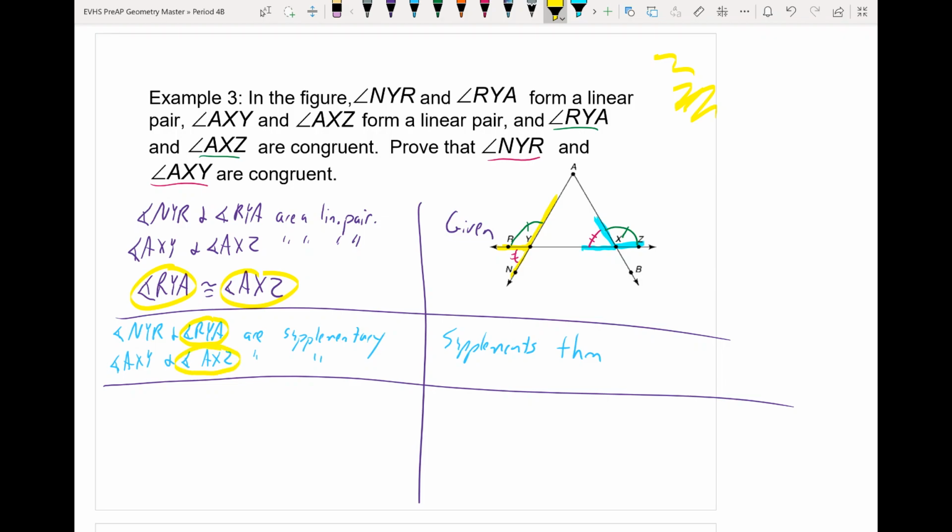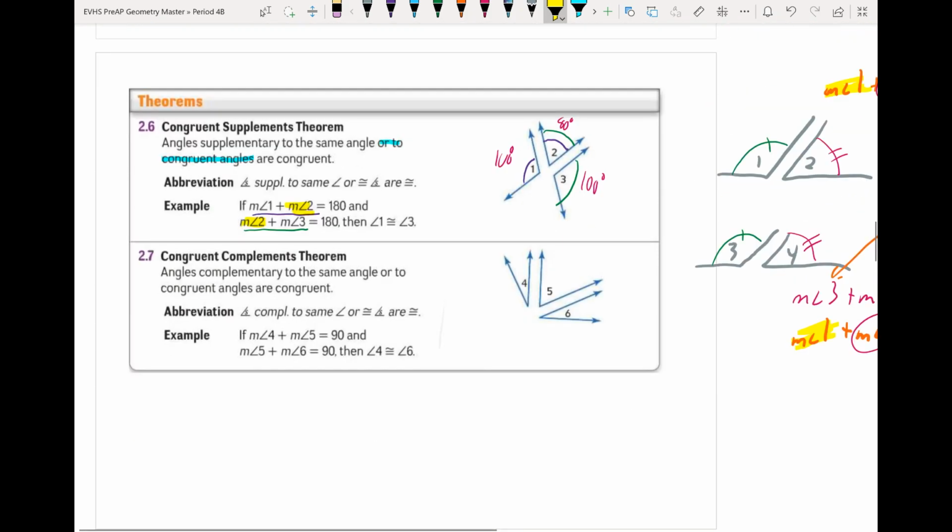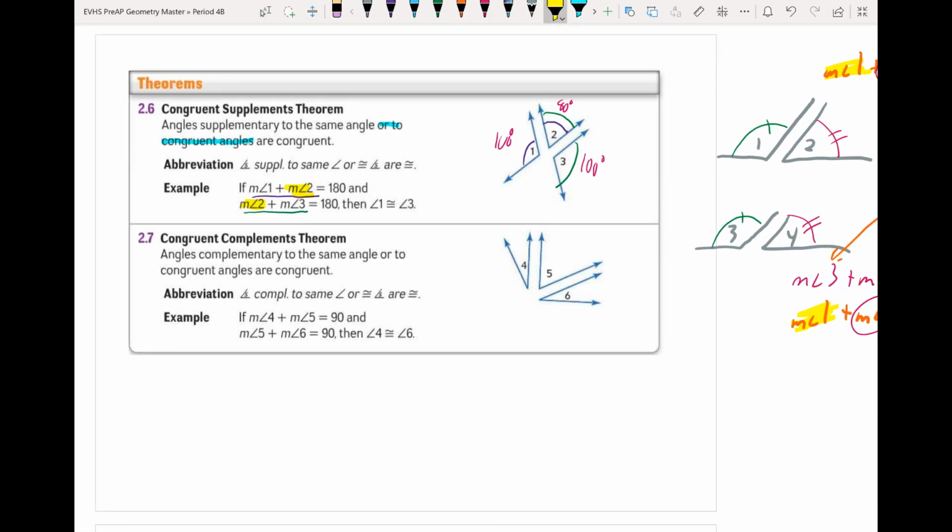So now I have two angles that are both supplementary to congruent angles. Now when I go back and look, that is what this section of the congruent supplements theorem says: angles supplementary to congruent angles are congruent.